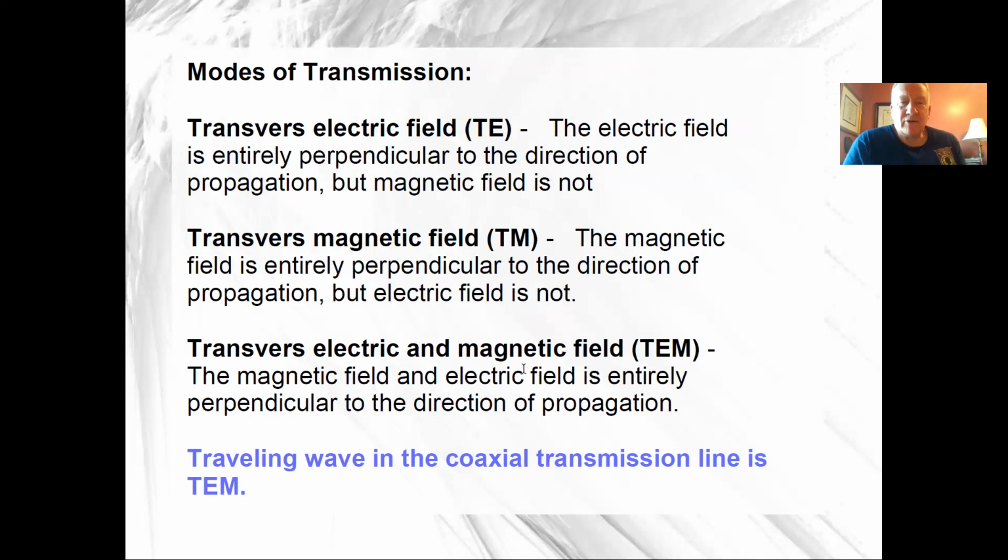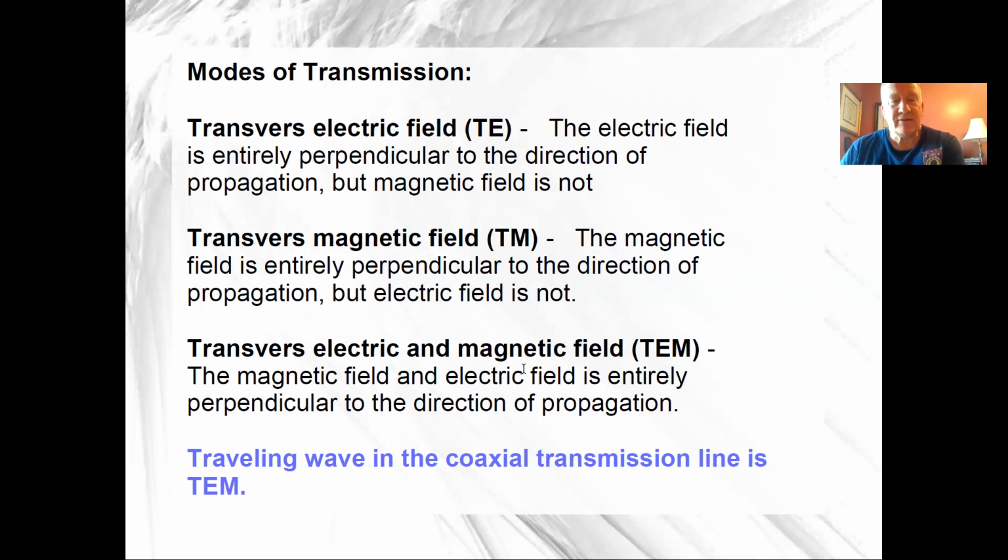As these waves travel down, they can have 3 different modes. There can be transverse electric fields, which means that just the electric field is perpendicular to the direction of motion. Or transverse magnetic fields, which means that just the magnetic field is perpendicular, but not the electric field.